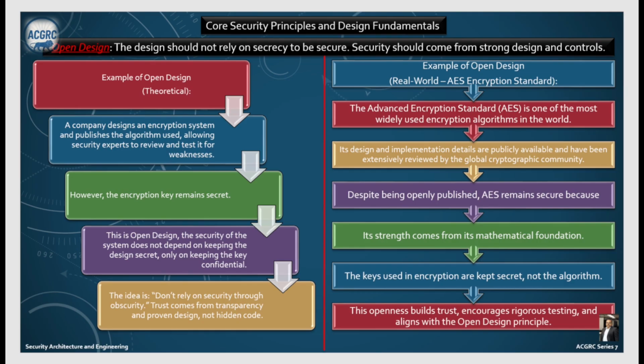Now, let's understand it from a real world example. Let's take the AES encryption standard. The Advanced Encryption Standard is one of the most widely used encryption algorithms in the world. Its design and implementation details are publicly available and have been extensively reviewed by the global cryptographic community.